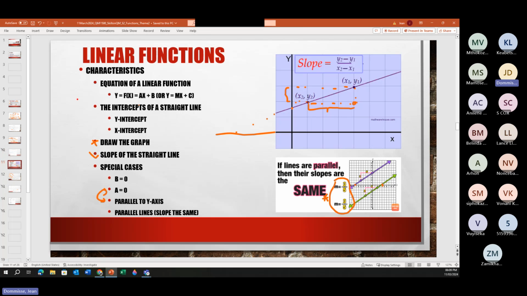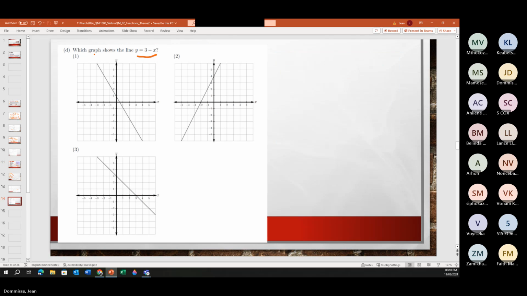Okay, the first thing I normally look at is the y-intercept. The y-intercept is 3. Then I will look at the options.